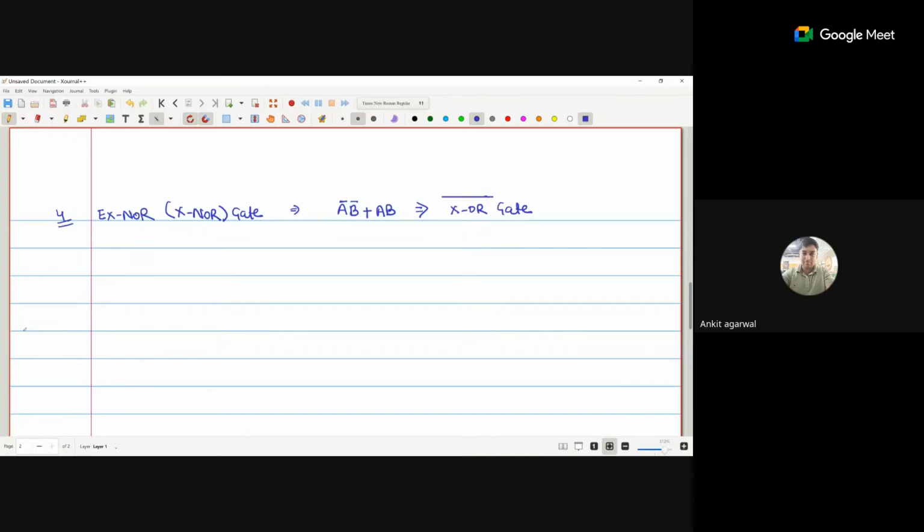So we are already creating the XOR gate.